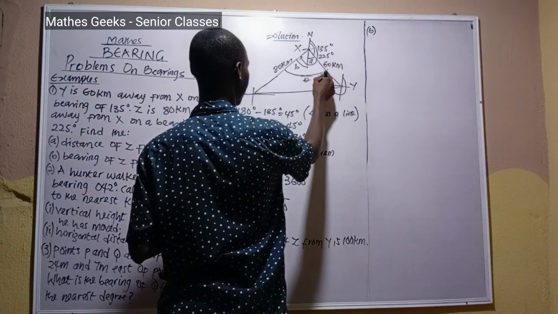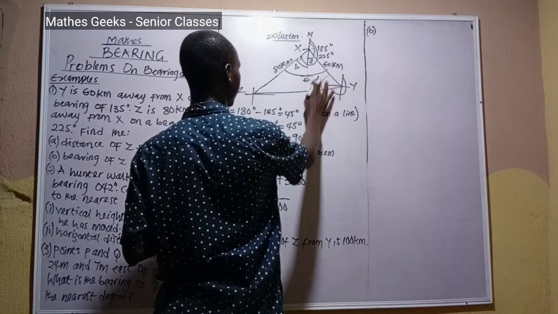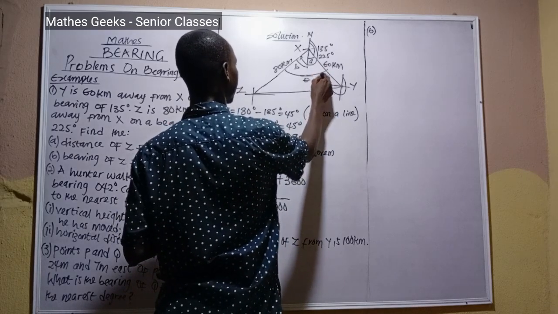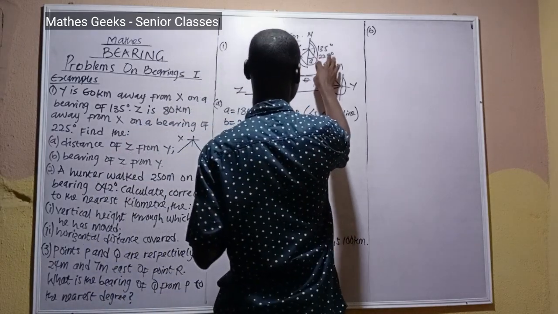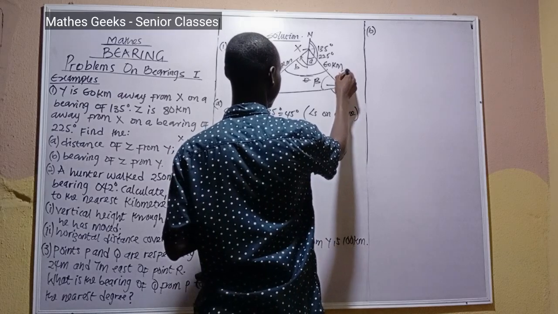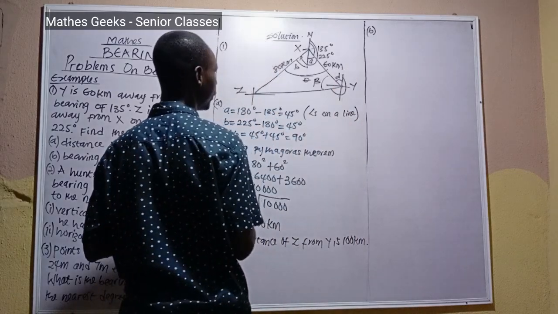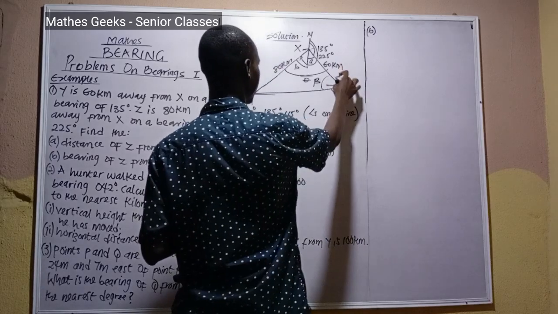So let's put this sign here, or let me use beta instead. So angle beta, and from here, if you know A is 45 degrees, A will alternate. So let's call this D. These are angles at a point.